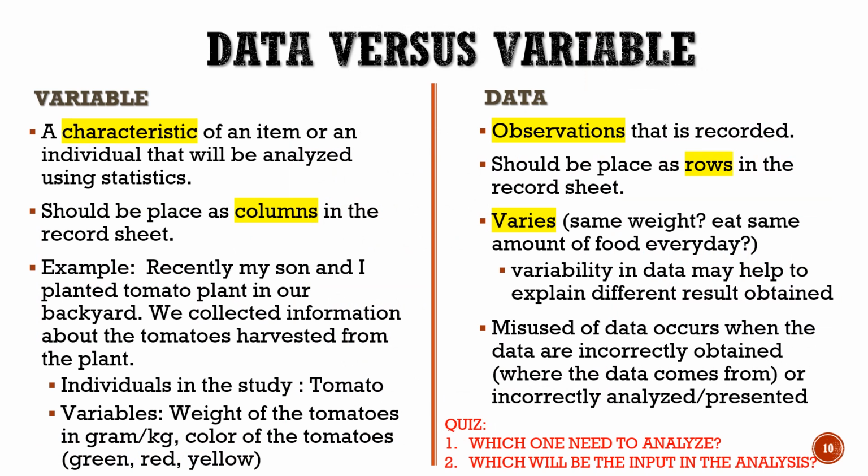All right, so to conclude, the difference between data and variables: basically, data we call the observation, which is what we recorded. The observation might be the student, or the patient. As long as it is what we recorded, it is called an observation.